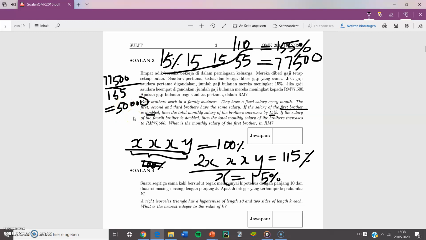If I want to find the salary of the first brother, I multiply it by 15%. Some simple math you can do yourself too. So what we are getting is RM7,500. Because it is Bongsu, I think it's quite easy to understand.